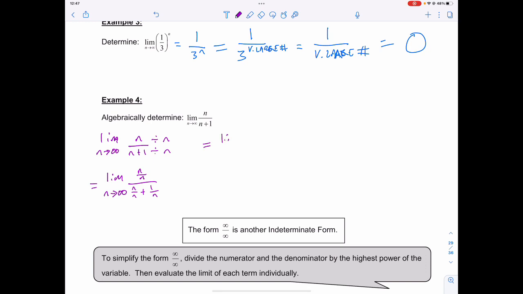Well, we know that n over n is just going to be 1. We're dividing that by n over n, which is 1, plus 1 over n. And we know that if we have 1 over n, and n is going to be approaching infinity, then 1 over infinity, or 1 over a very large number, as we've already seen, is just 0.